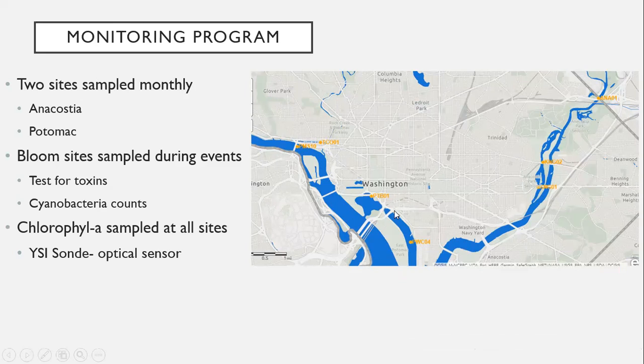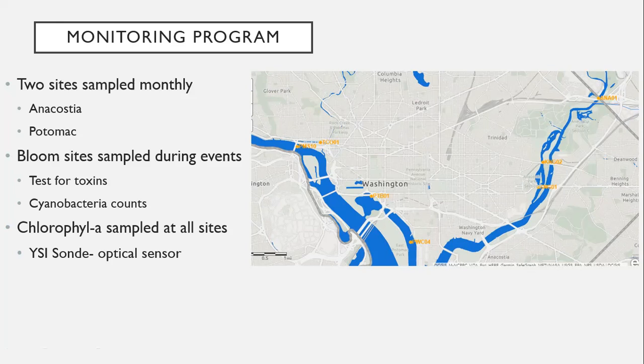And the other sites listed here, as well as tributary sites, are sent to contractors for analysis. We're alerted of any blooms in the district through citizens or other agencies. And when these events occur, we test for toxins and also do cyanobacteria counts to see the levels of cyanobacteria and toxins during that specific event.